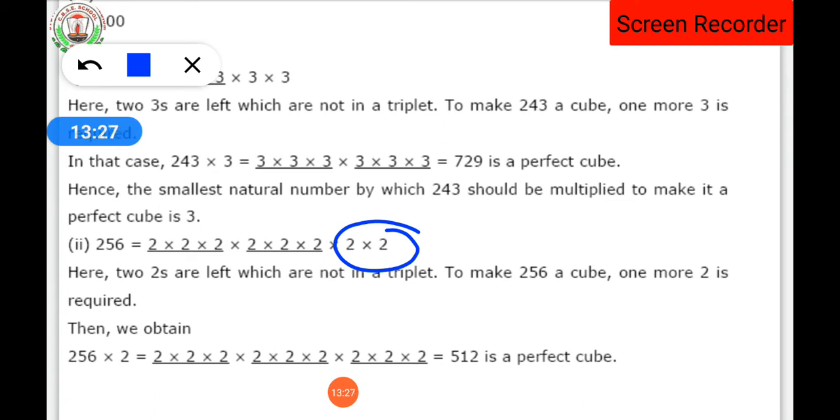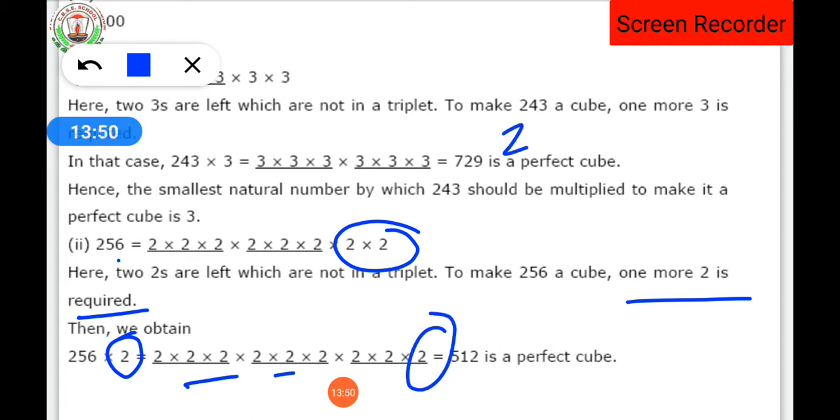So what are we going to do? We are going to multiply 2 on both the sides to make it a perfect cube, isn't it? To make 256 a perfect cube, one more 2 is required, which is going to be multiplied on both sides. So 256 will be multiplied with 2, as well as the factors' last pair will be multiplied with 2.